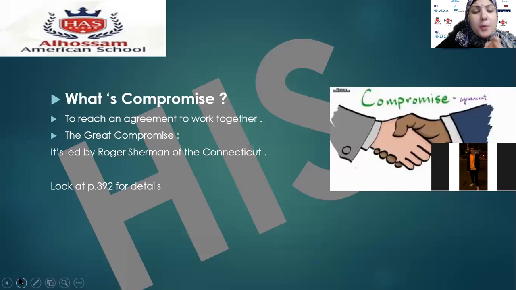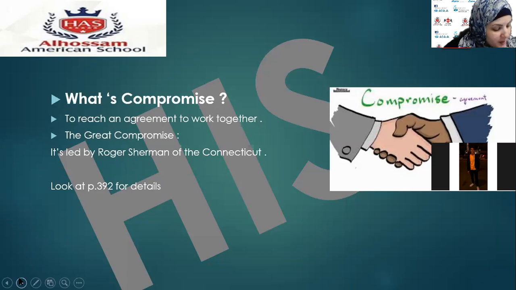Let's see what the Great Compromise is. This Great Compromise was led by Roger Sherman. This man led the most important items of compromise, and we will see why they call it the Great Compromise. Please look at your books, page 392. The Great Compromise, as I told you, was led by Roger Sherman. This compromise was based on the idea of a two-house Congress, like the Virginia Plan.